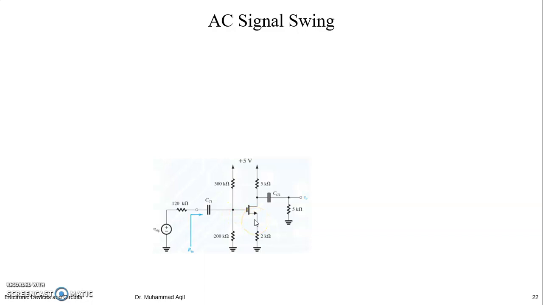So overall VGS is changed, right? And for that changed VGS, as per the input characteristics curves and the output characteristics curve, we would be having a change in ID and a change in VDS, right?